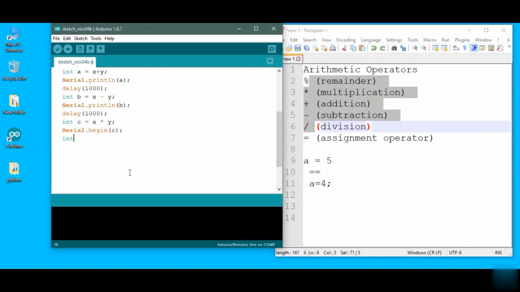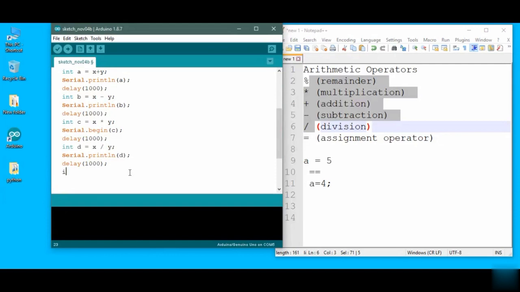So let us have d equal to x divided by y, and Serial.println d here. Here we also provide a delay, though a delay is not necessary, I'm just giving it for simplification. And after that Serial.println, but first we have a delay, and now the remainder operator.